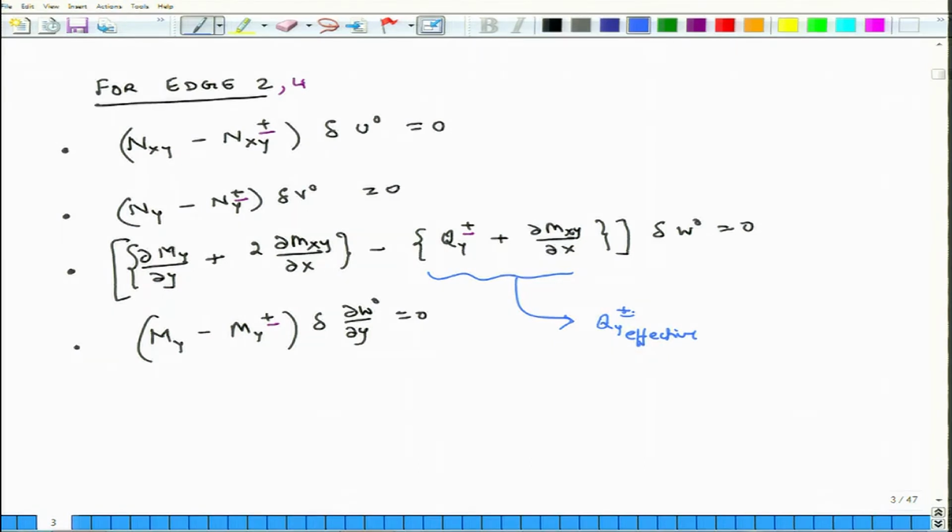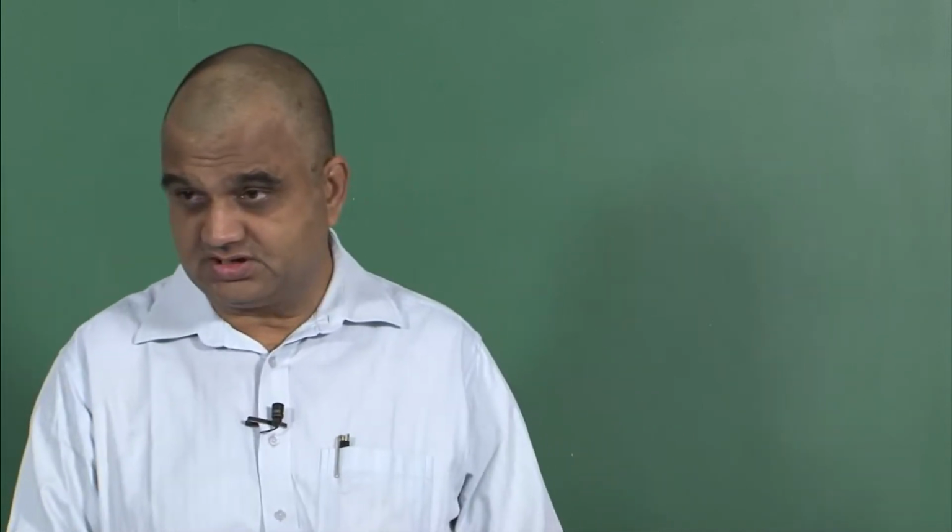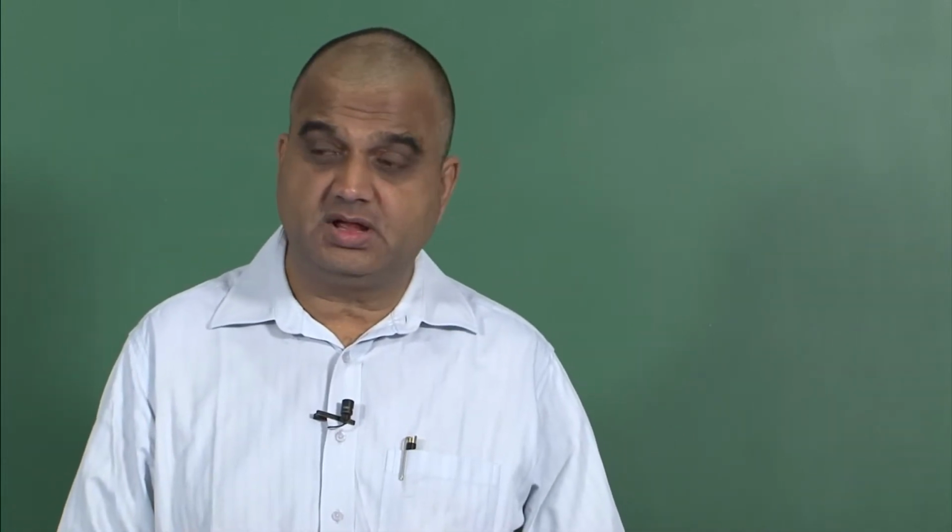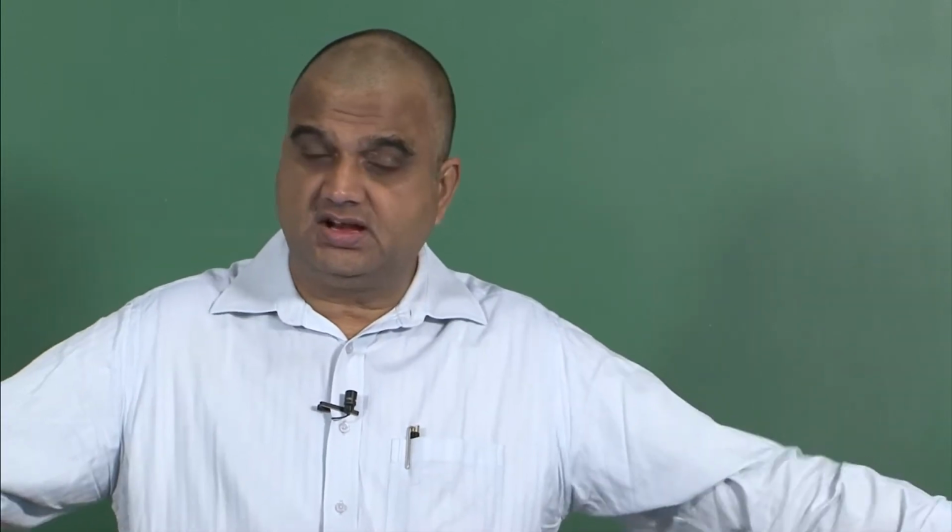Now, when we solve for these finite plates, the first thing we should always try to do is see if we can make some simplifications. And what are the simplifications we can look forward to? For instance, in case of semi-infinite plates, we made a lot of simplifications. We assumed that A is very large compared to B, so all the partial derivatives with respect to y are 0.